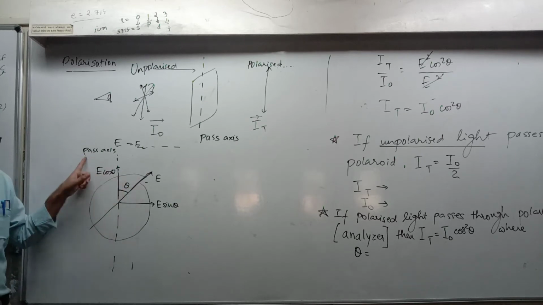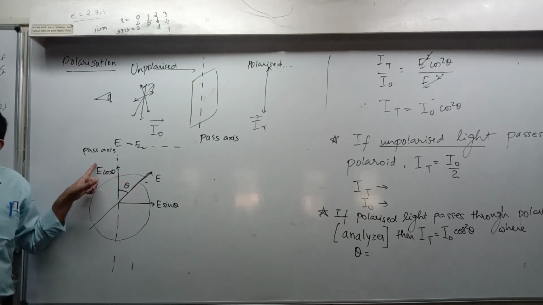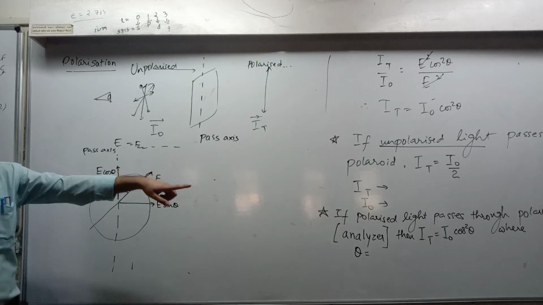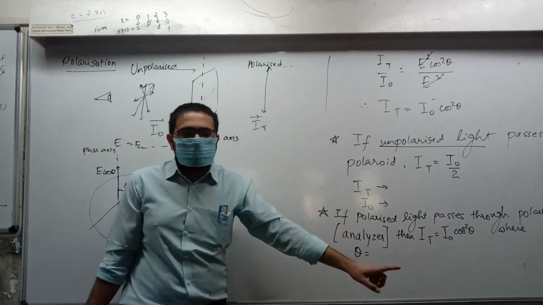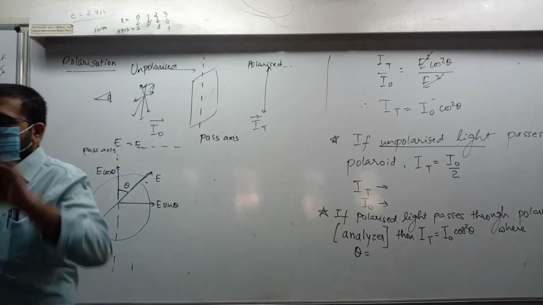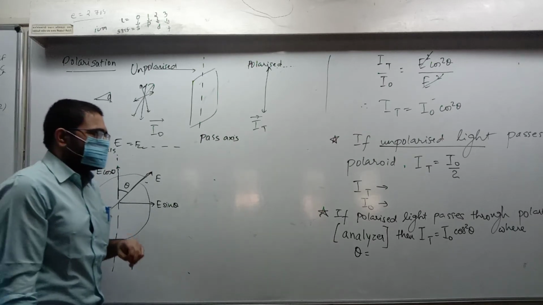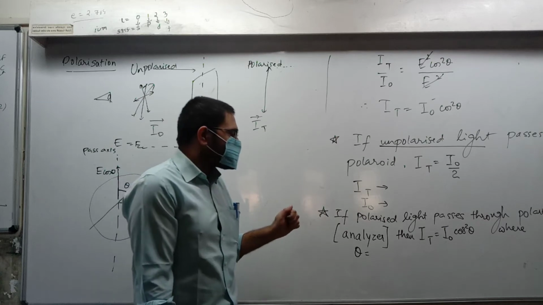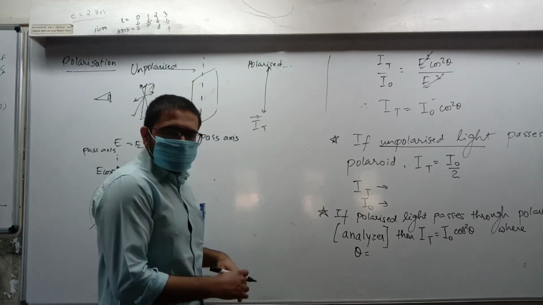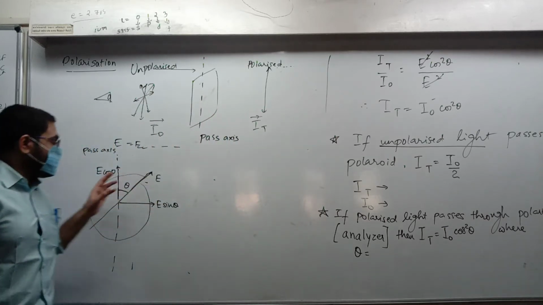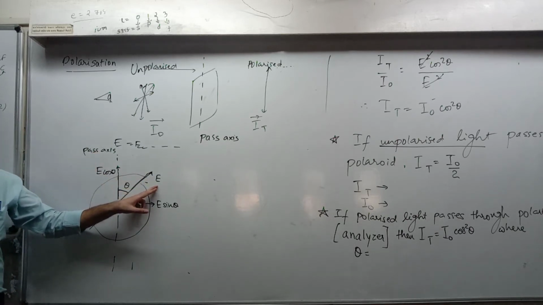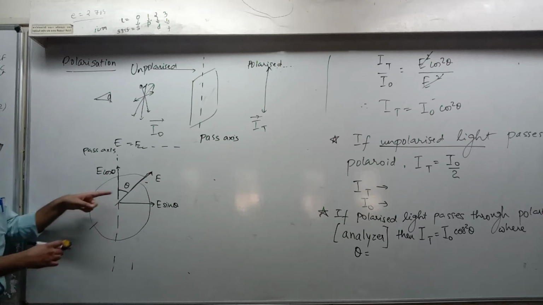Angle between the path axis and the electric field of incident light. Please everyone do draw this diagram.